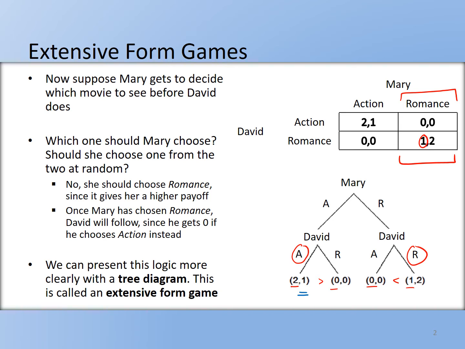The red line is actually not in the correct position. The red line is here, okay. So Mary understands that she's getting 1 if she chooses the action movie, and getting 2 if she chooses the romance movie. And 2 is bigger than 1. So she's going to choose the romance movie.